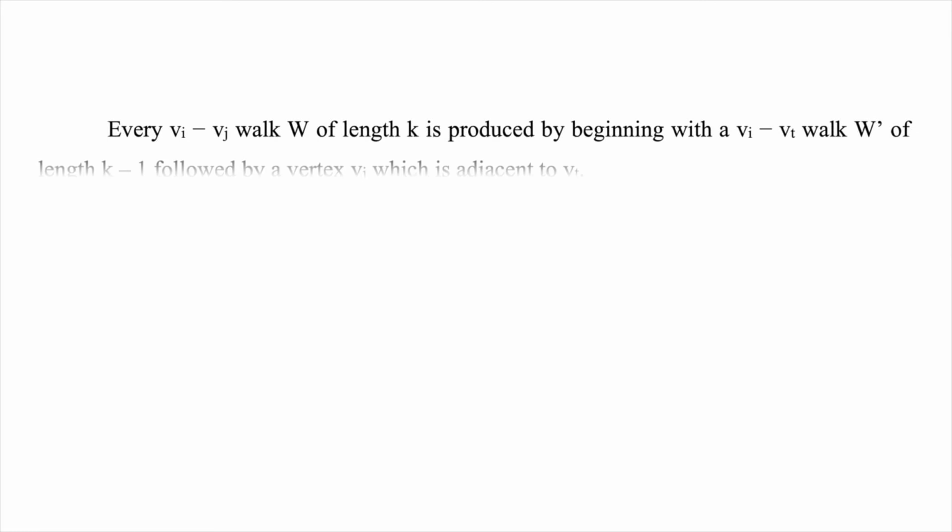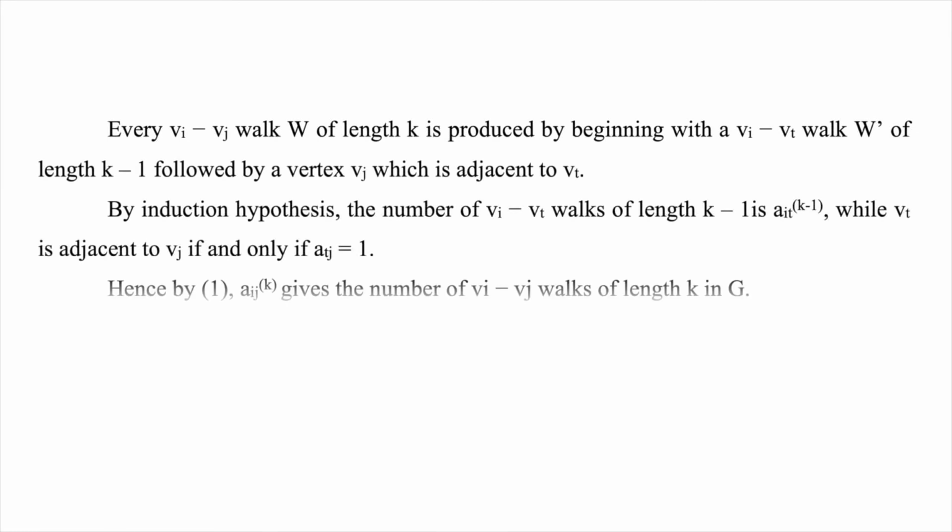So, every Vi, Vj walk W of length k is produced by beginning with the Vi, Vt walk W dash of length k minus 1 followed by a vertex Vj which is adjacent to Vt. By induction hypothesis, the number of Vi, Vt walks of length k minus 1 is Ait power k minus 1, while Vt is adjacent to Vj if and only if Atj is equal to 1.